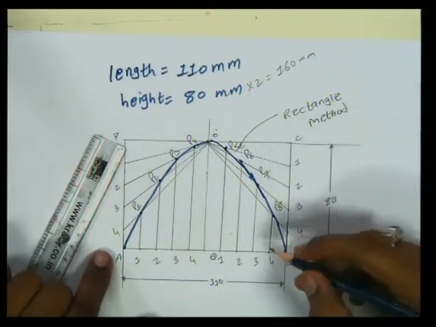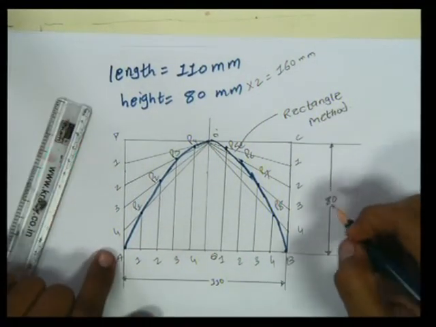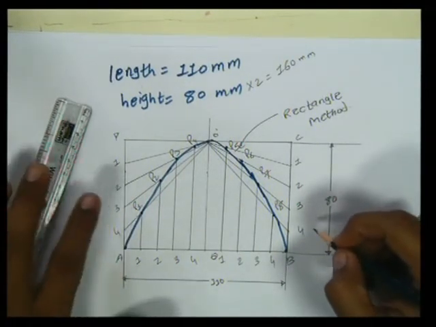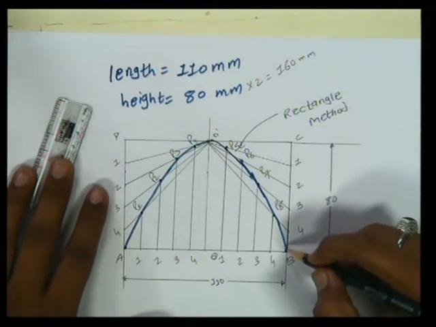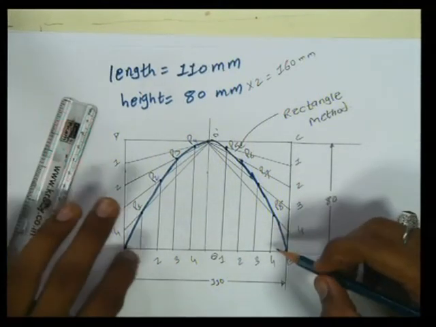First of all, draw a horizontal line of 110 mm, naming it A and B. From point A, a perpendicular line of 80 mm. From point B as well, a perpendicular line of 80 mm.